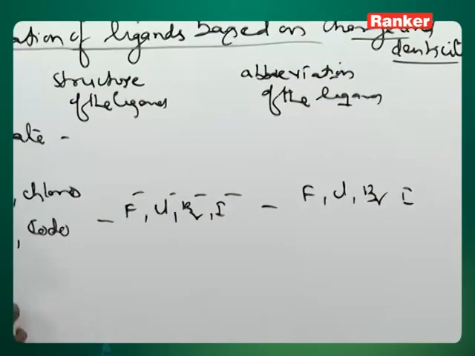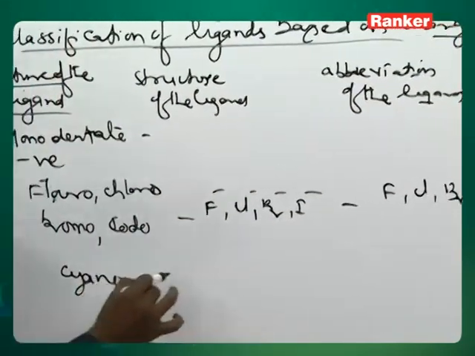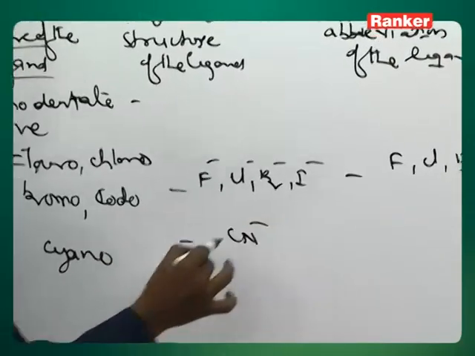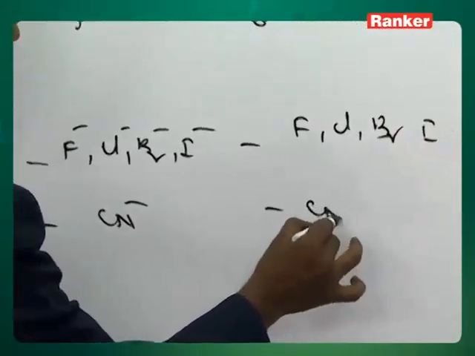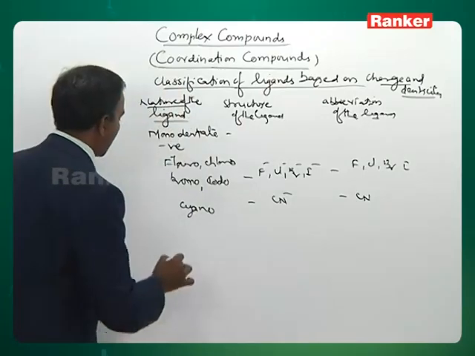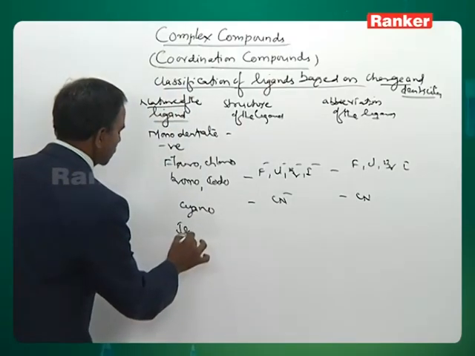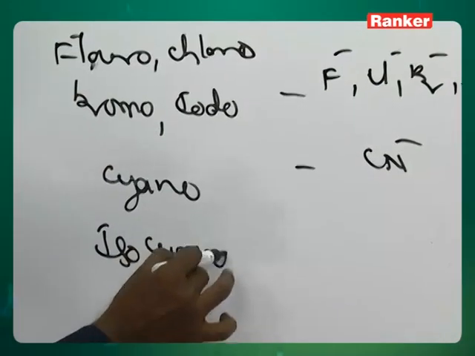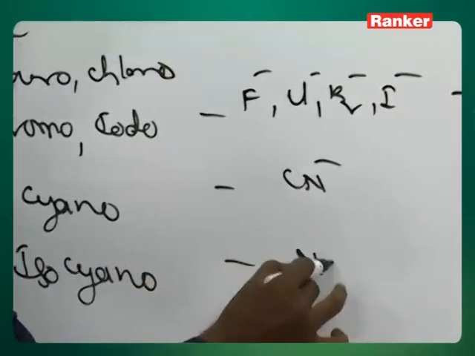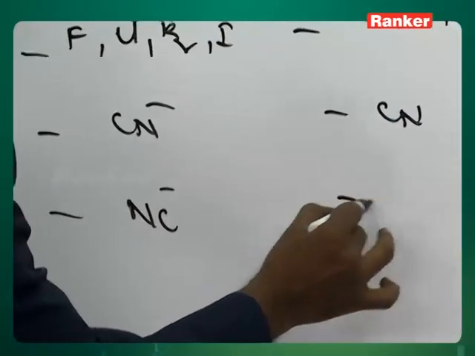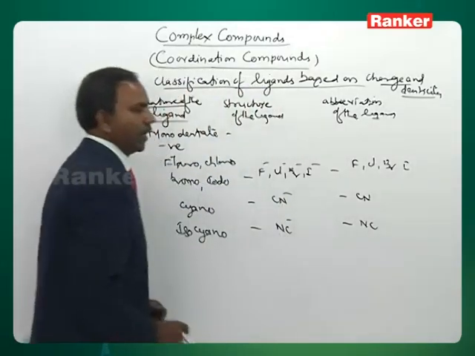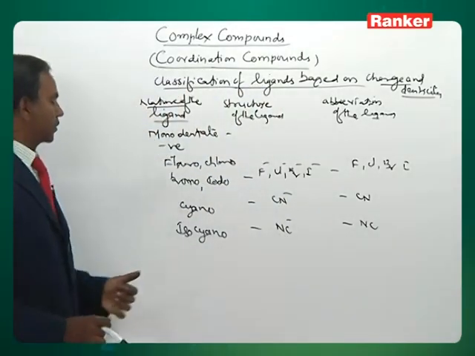Next let us consider cyano. Cyano, you can say it is simply CN minus, it is CN. Isocyano, it is actually NC minus, it is NC.